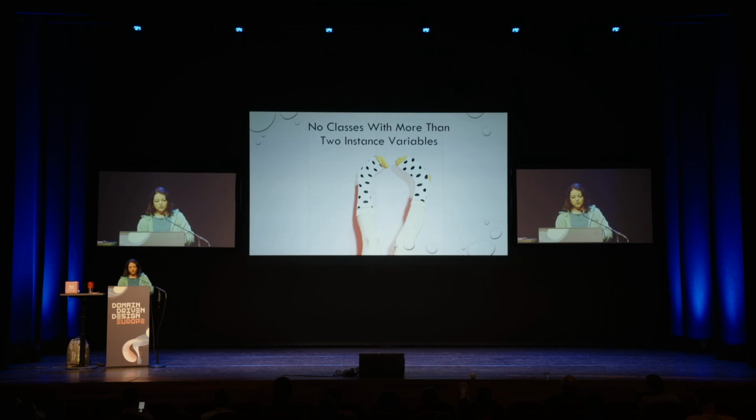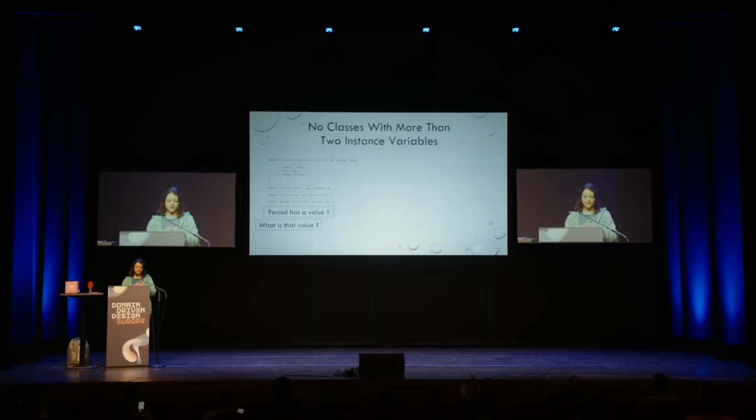Next rule, and the last rule, is no class with more than 2 instance variables. On the power plant maintenance project, we had a period object which has 3 fields: start date, end date, and a value.